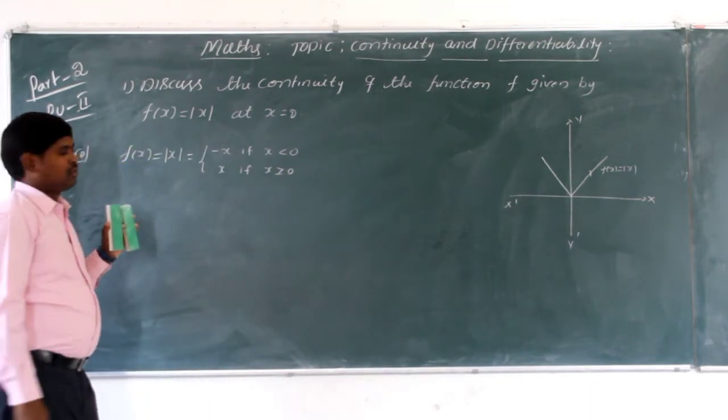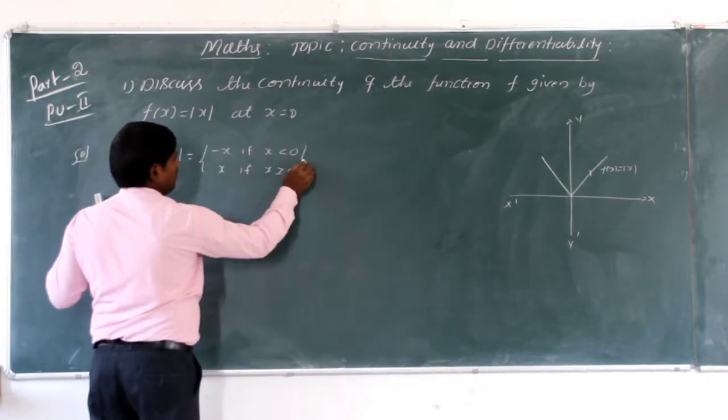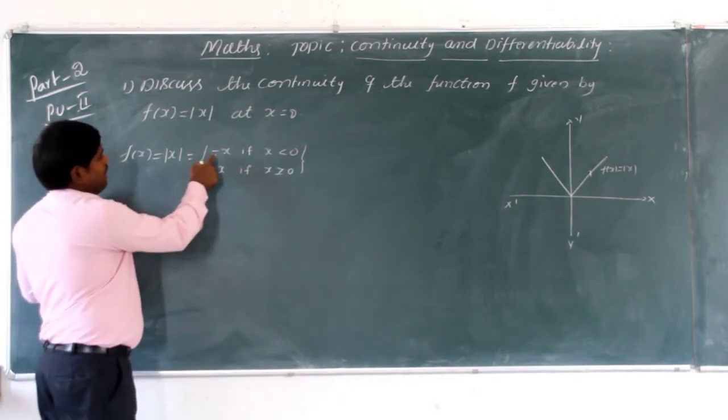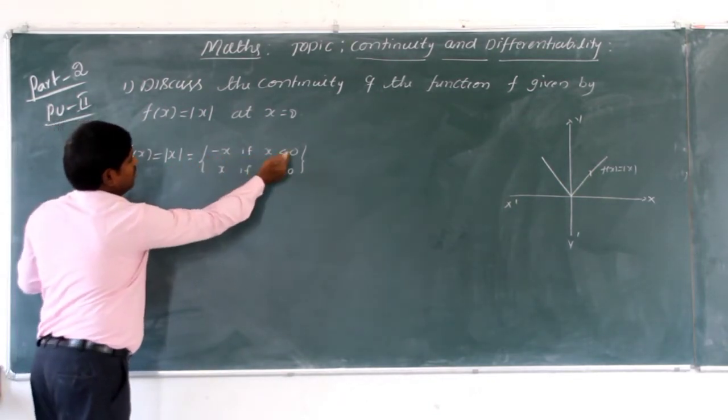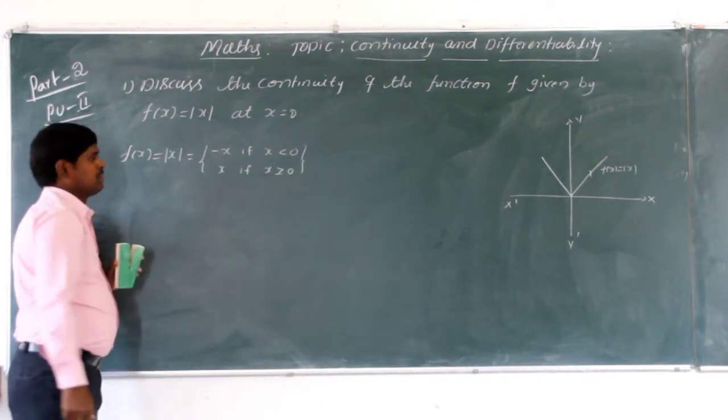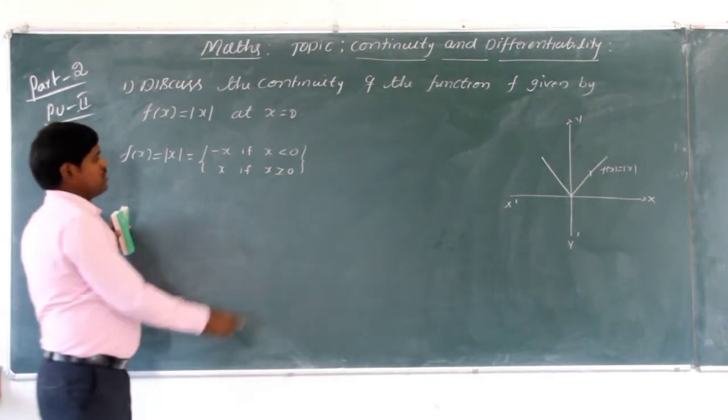So it takes the value minus x if x is less than 0, and it takes the value x if x is greater than or equal to 0.